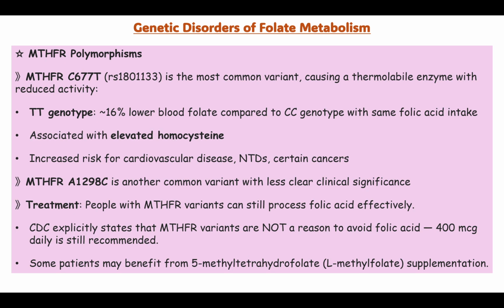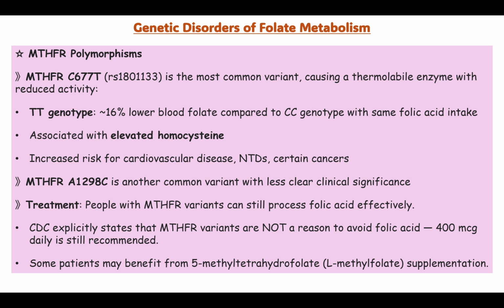Now let's begin the discussion of genetic disorders of folate metabolism, starting with MTHFR polymorphisms. The most common variant listed here is MTHFR C677T, also identified as RS1801133. This variant produces thermolabile enzymes with reduced activity.